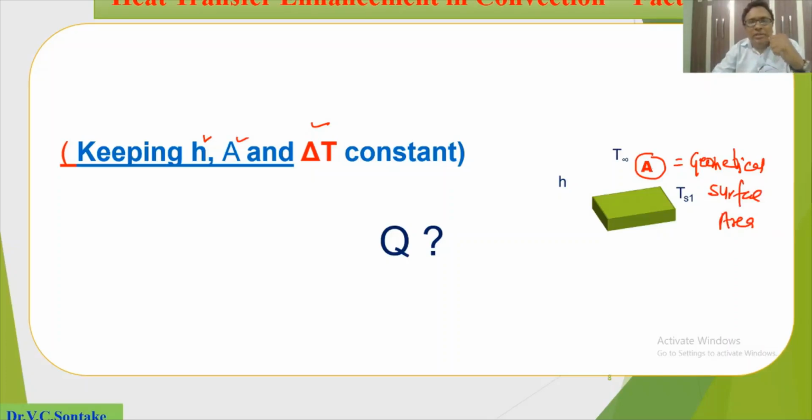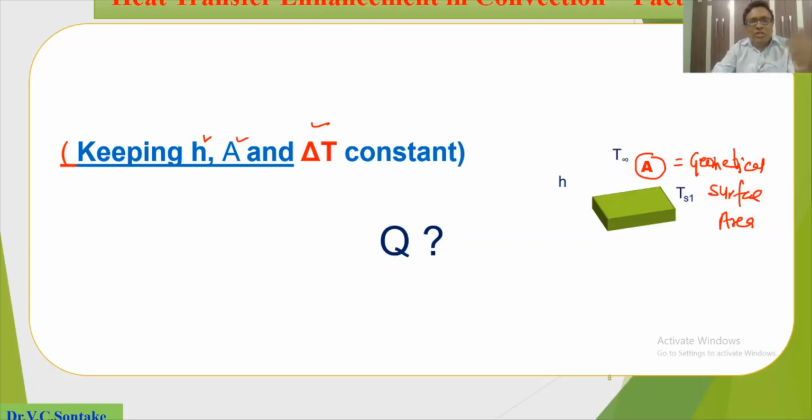What does it mean? That means in order to increase the heat transfer rate, if I increase the surface area, obviously its geometrical surface area will be increasing. But the functionality aspect of that part does not allow increasing its surface area more than the geometrical area.